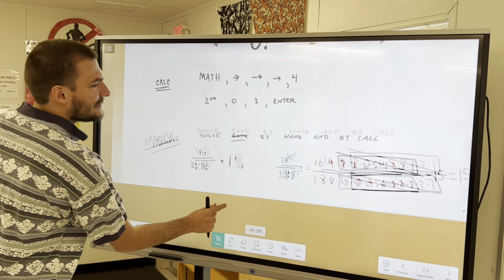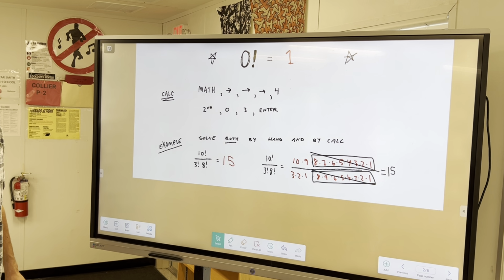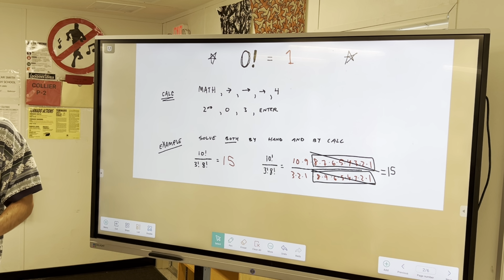Now, is it super popular for them to ask you to do math like this by hand? It depends. When I was in college, I did a little bit of training for these really, really hard math tests. Only a little bit.